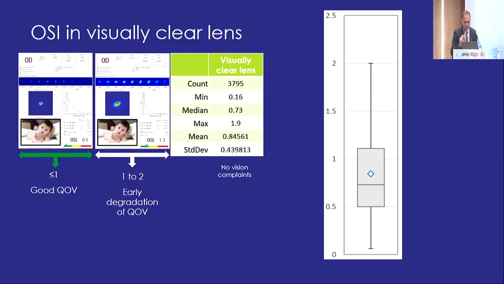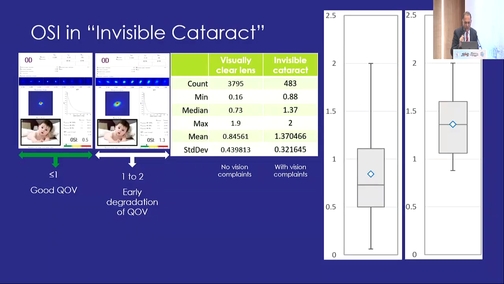Of these, there were 483 patients who were complaining of some visual deficit or had visual complaints. They had a very, very clear pattern. The mean OSI, the mean scatter, was higher than what they were used to, and all parameters were consistent with this.